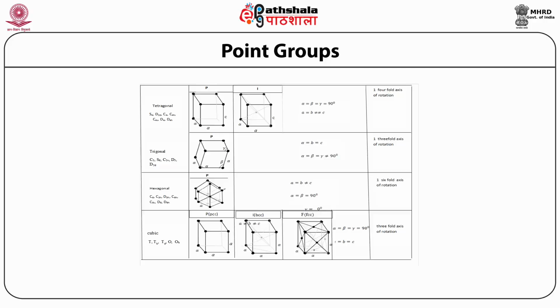In this cubic system, we have three subcategories: PCC, BCC and FCC, that is, primitive cubic, body-centered cubic, face-centered cubic, etc. In this, we have all the three lengths equal and all the angles equal to 90 degrees. The group is specified by one three-fold axis of rotation and other axes in the horizontal plane and reflections, etc. And the point groups these crystals belong to are T, TH, TD, O and OH.